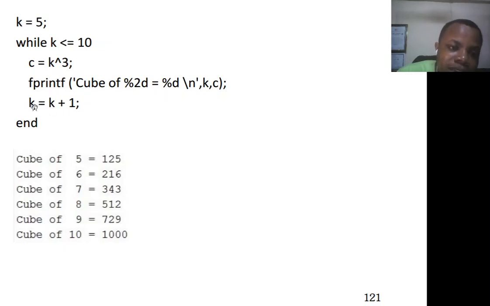Once it gets here, it's going to add 1 to k, which was 5. So for the next iteration, k will be 6 and it will start again. Is 6 less than 10? Then it will continue. This will continue until k is no longer less than 10, and it will terminate there. So this is how the while statement works in Matlab.